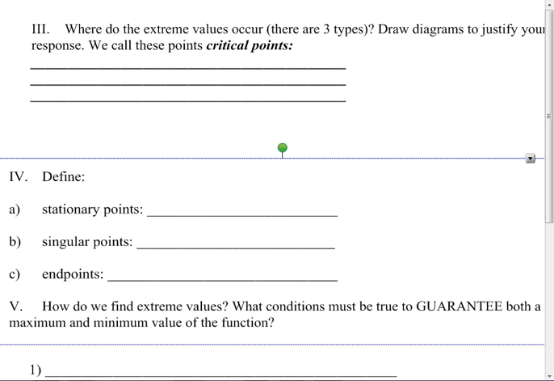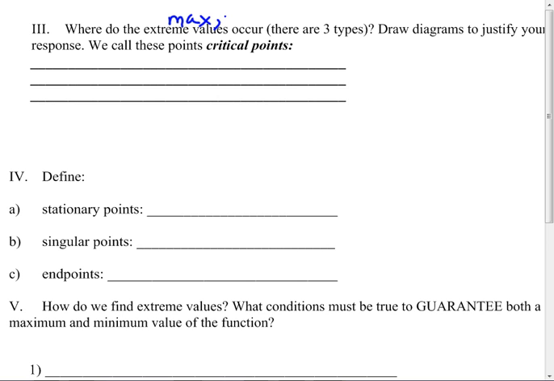What's an extreme value? Max and min, right? Where do they occur? Where the derivative is 0, where the derivative is undefined, and at x equals a and b, at the endpoints. I'm being redundant.